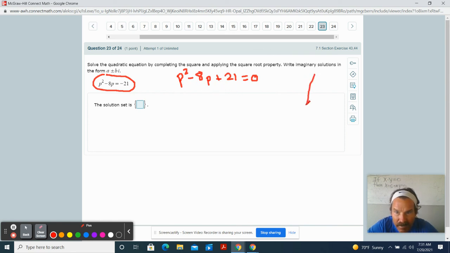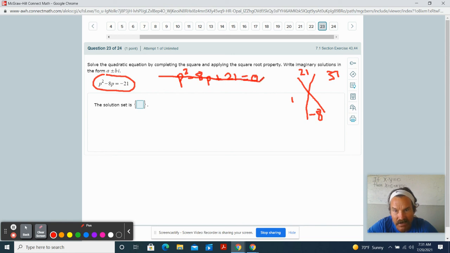When I did the diamond problem and I put 21 on the top and -8 on the bottom, there are no numbers that multiply to get 21 that add to get -8. And 21 is 3 times 7, so I can get -10. If I make one -3 and one -7, I can get -10, but I can't get -8. So this is not solvable by factoring.